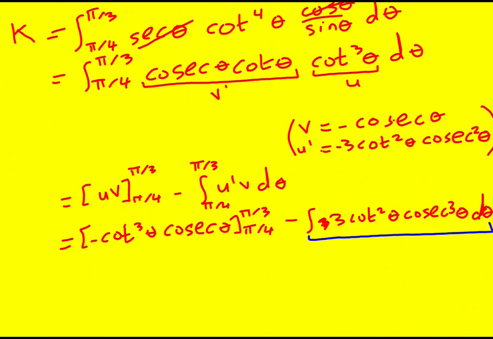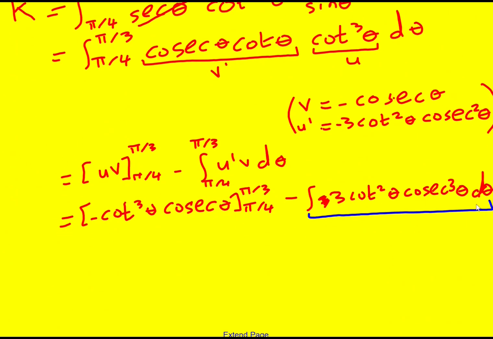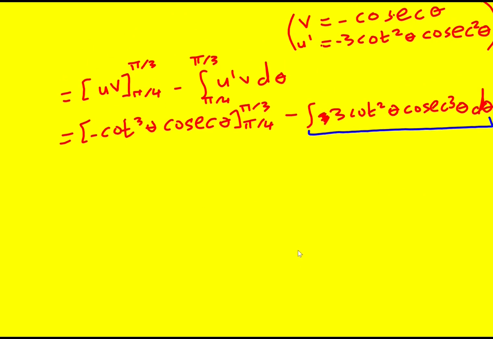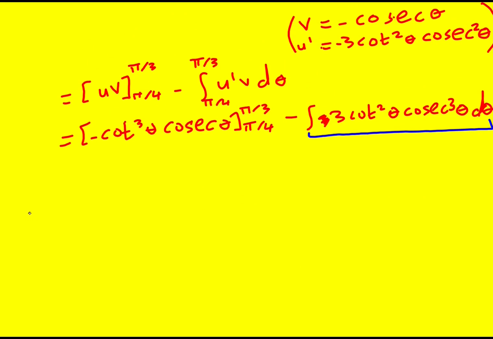So let's do the same thing. This here is going to be, well, I've got cosec cubed this time. But let me just focus then. Let's forget about the minus 3 bit. We've got cot squared theta, cosec theta, and then cosec squared theta.